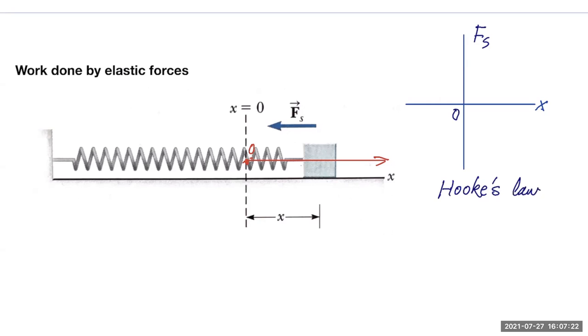Okay, so we're looking at what's called a linear restoring force. At least for an ideal spring, that's what the situation is. So F is a linear function of x with a negative slope. Why? Because when x is positive, the force is negative, indicating that it wants to pull the spring back to its original length. So I'm going to draw a straight line. It's not quite straight, so let me redraw this.